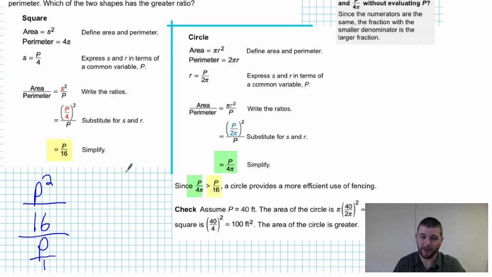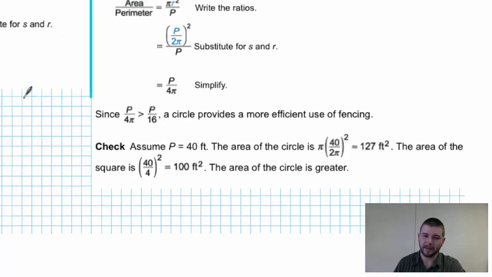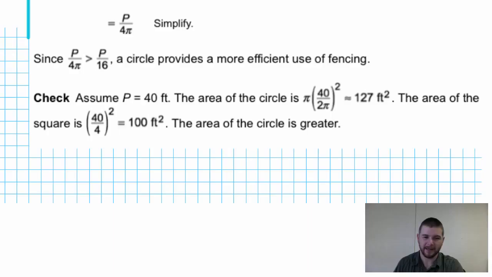So now we're looking to figure out whether p over 4 pi is greater than, and it tells us right below, but if we were on our own, we'd be looking to determine whether 4 pi is greater than, less than, or potentially even equal to 16. Since 4 pi, approximate pi is 3.14, 12, 13, 4, it is, 4 pi is less than 16.